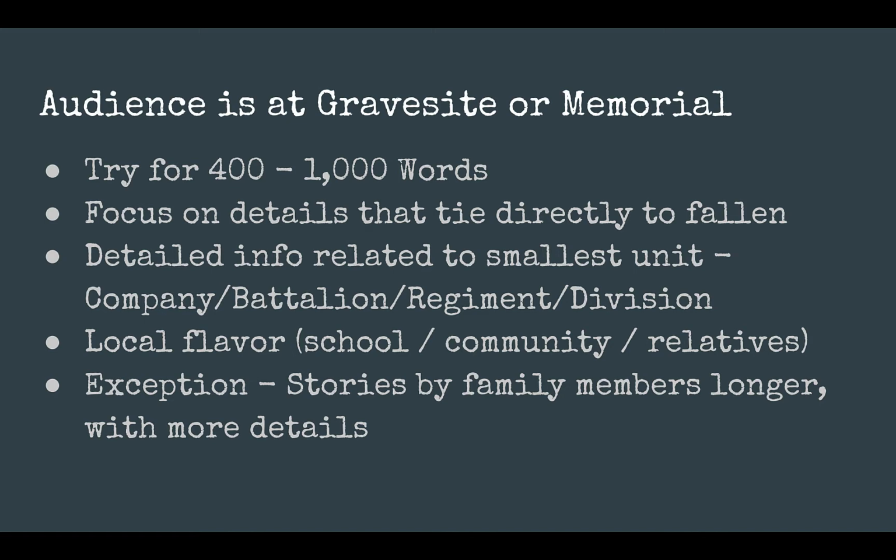Try to look for some local flavor where you can, information about the school they went to from that period, even if it's not directly related to them because they were at that school. That may be something that would fit in well with the story because they were at that location, and so they would have had that experience.